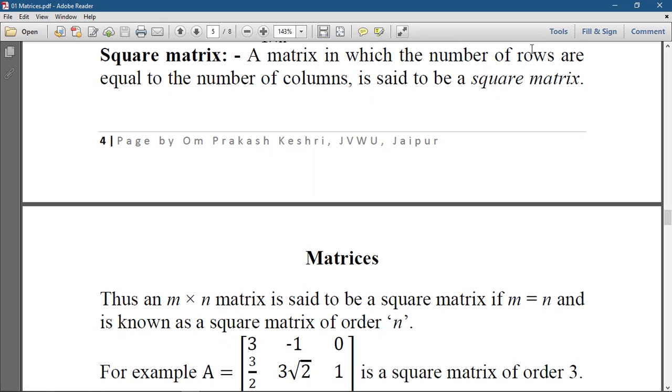Thus, an m by n matrix, that means a matrix of order m by n, is said to be a square matrix if m equals n. Then it is known as a square matrix of order n. That means their order will become n.